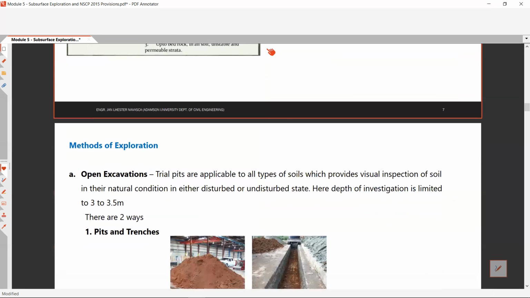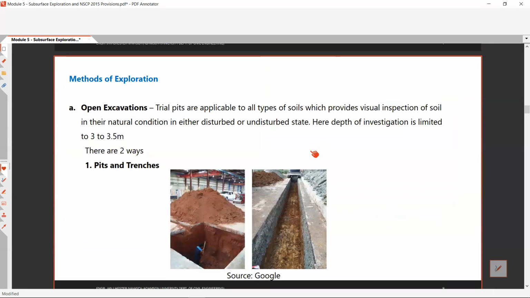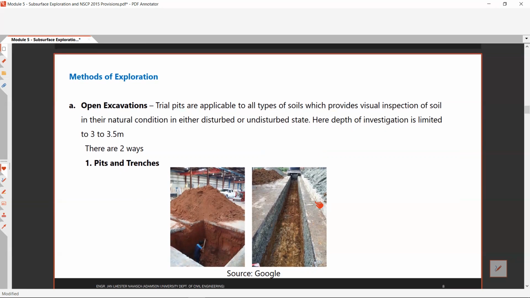Okay. So there are different methods of exploration. Number one, we have open excavations. Open excavation is basically what is done for small buildings.